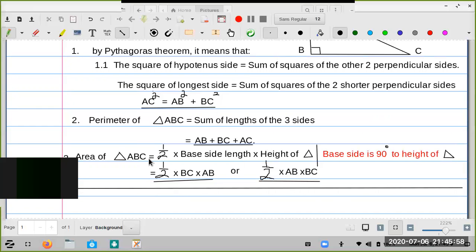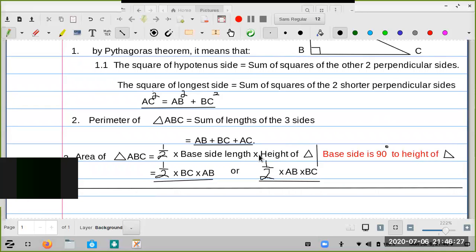So to find area, it's very, very easy if we are dealing with a right-angled triangle. By definition, area of a triangle is equal to half, multiplied by the length of the base side, times the height of the triangle.